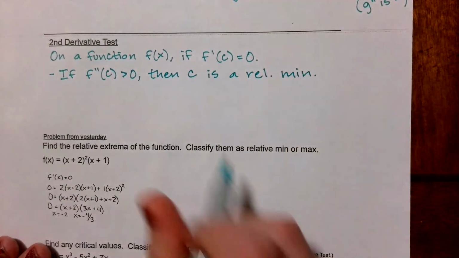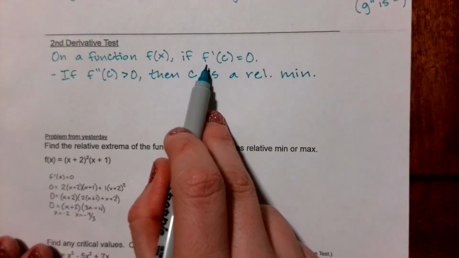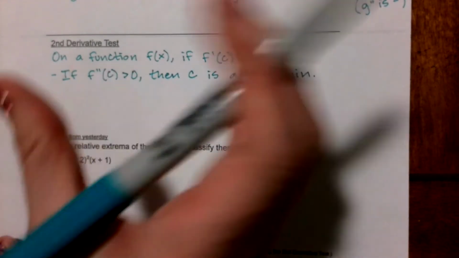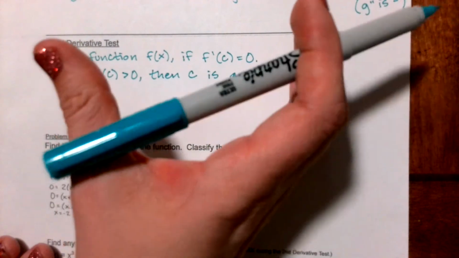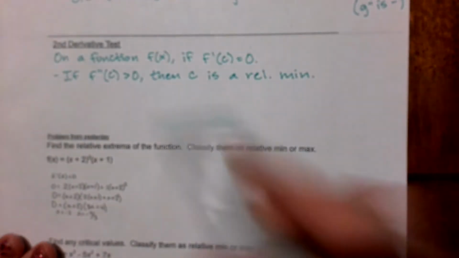So basically we're saying that the slope is 0 and the concavity is concave up. So if the slope is 0 and we're concave up, it has to be a relative min.